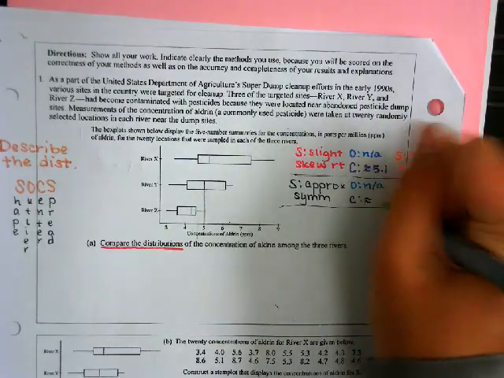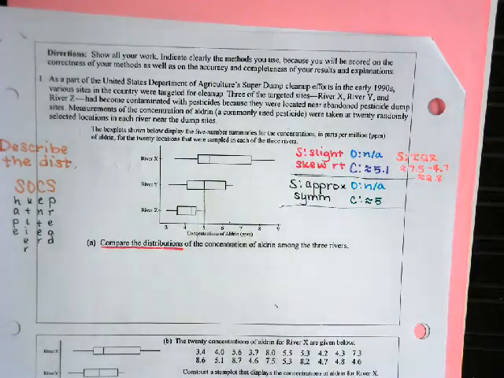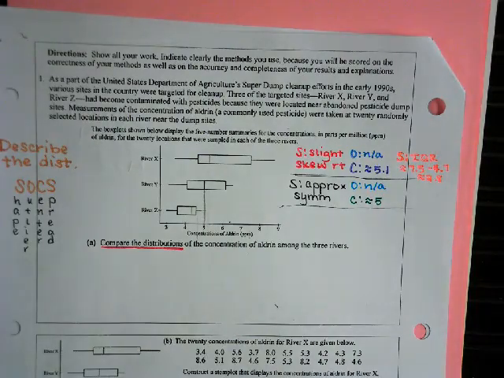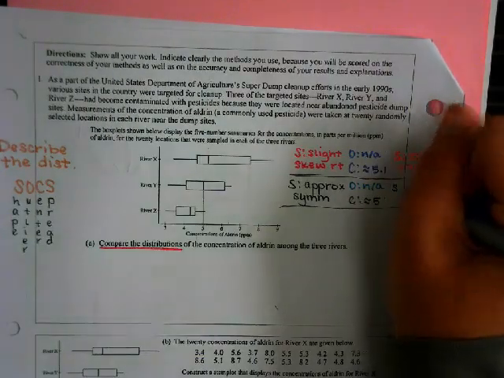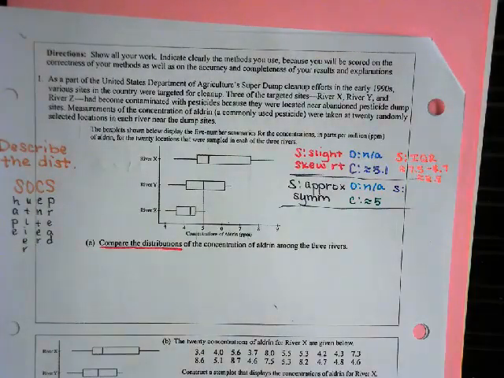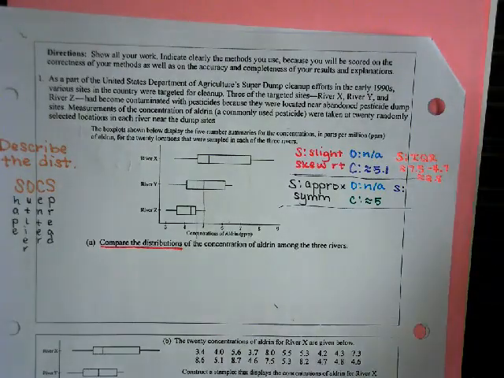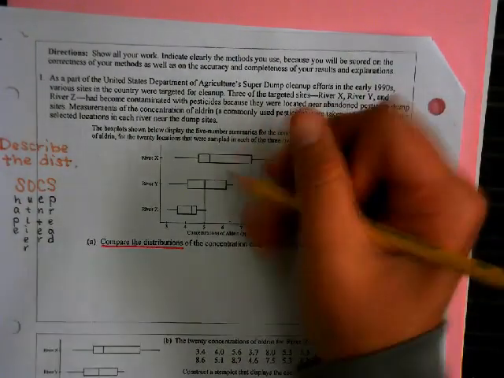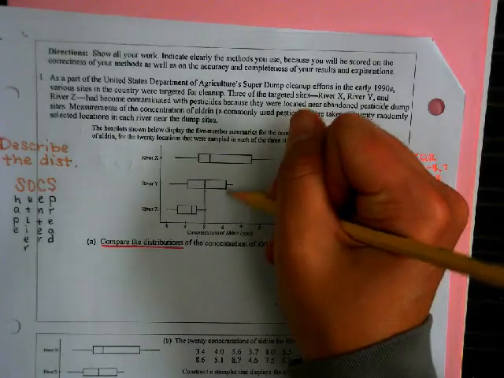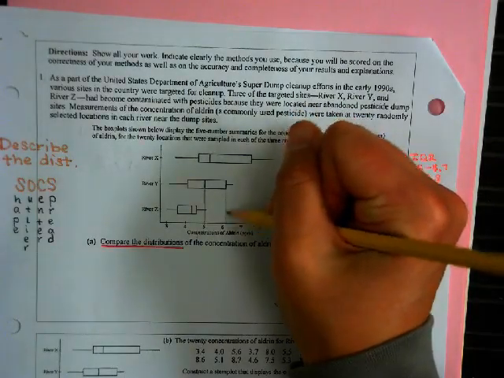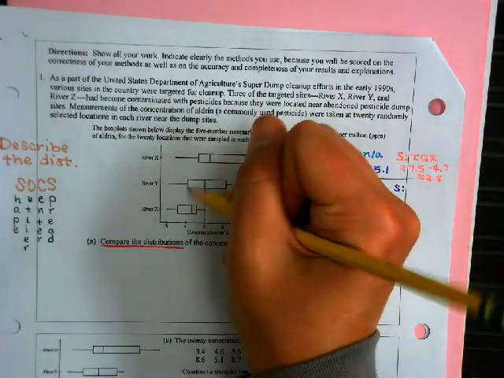There are no outliers because there's no dot. All right, then IQR on this one, like 6.1 minus 4.1, so 2.